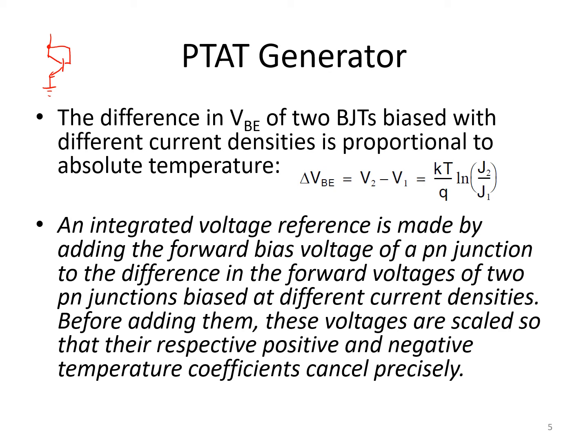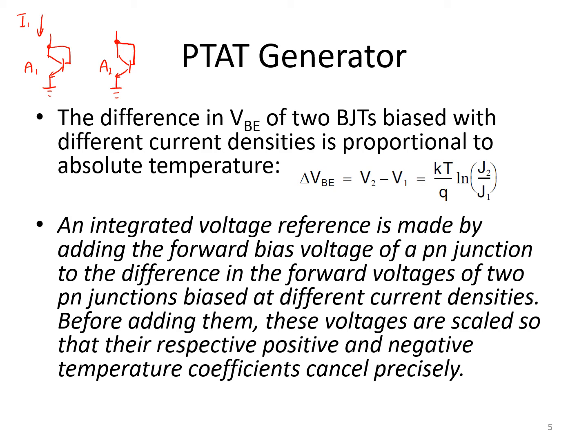So imagine you've got two BJTs, one with an emitter area A1 and with a current I1 flowing in it, and a second that is a scaled copy of the first, and therefore with a different emitter area, A2.